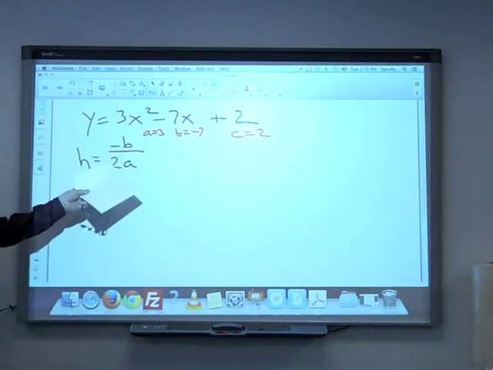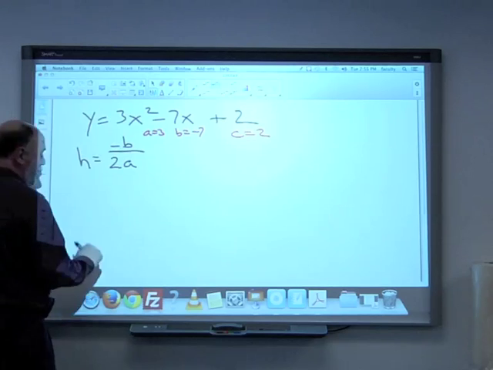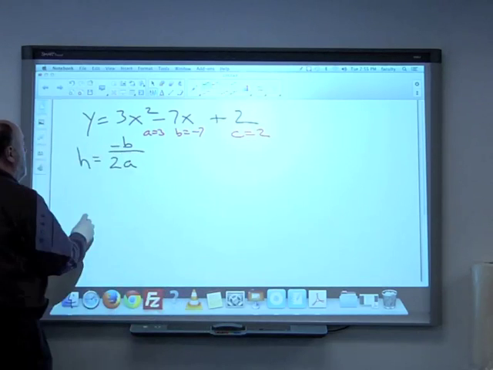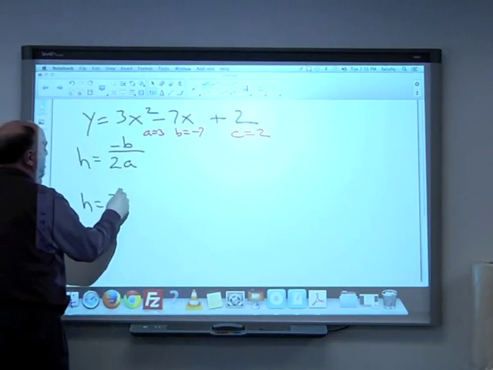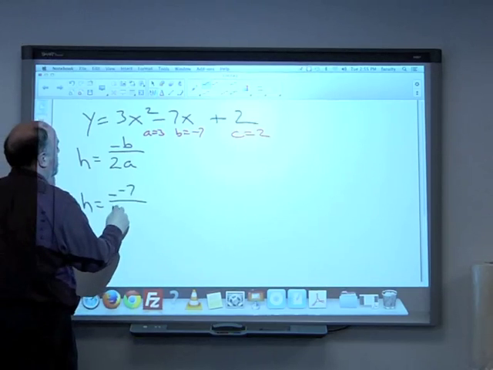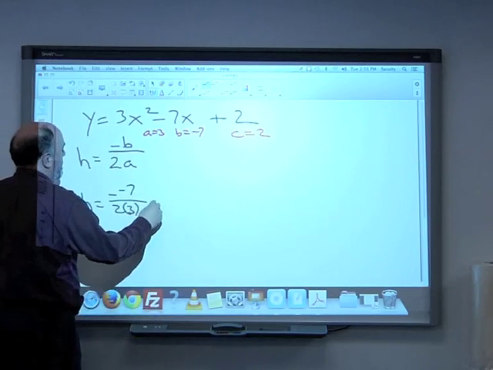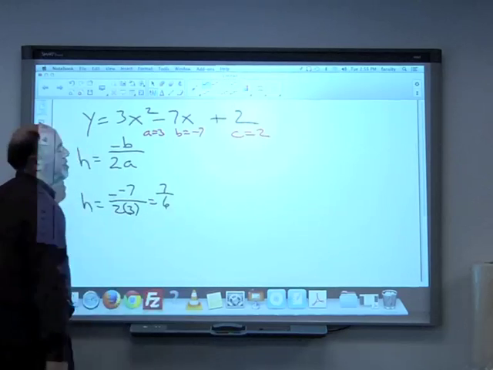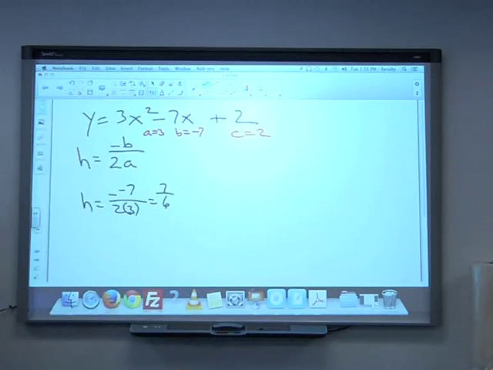So I can plug those in here. In terms of h, we get h will be minus the -7 over 2 times 3. That'll give me 7 over 6. Two negatives in a row make a positive.